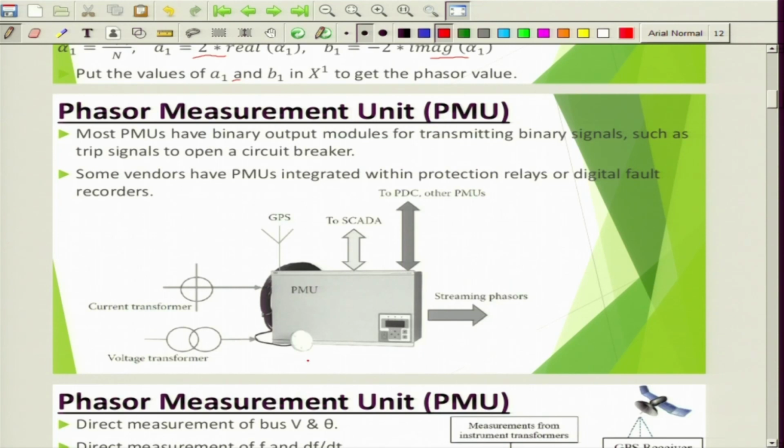Now, let us move on to the PMU, phasor measurement unit. Most PMUs have binary output modules for transmitting binary signals, such as trip signals to open a circuit breaker. Especially when you keep these PMUs even at the distribution side, where you have a distribution transformer, the transformer tap changing is also in terms of binary numbers, either increasing or decreasing.